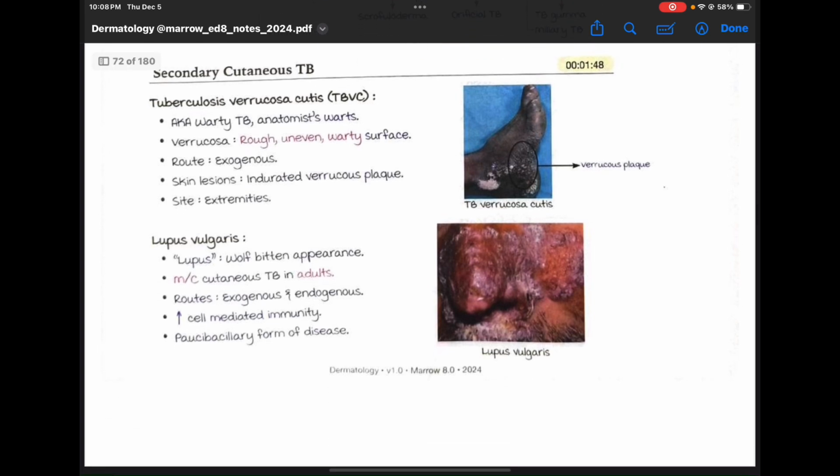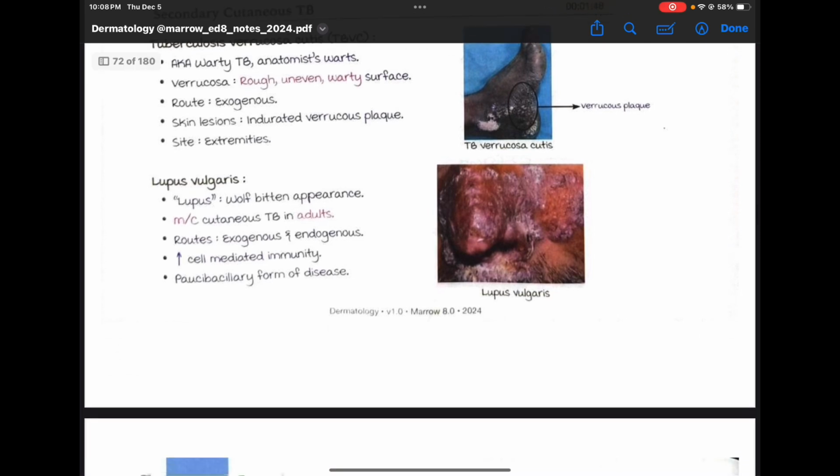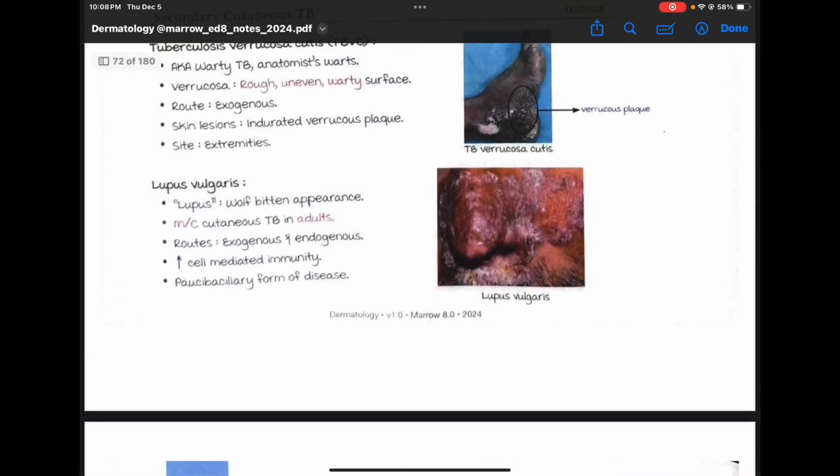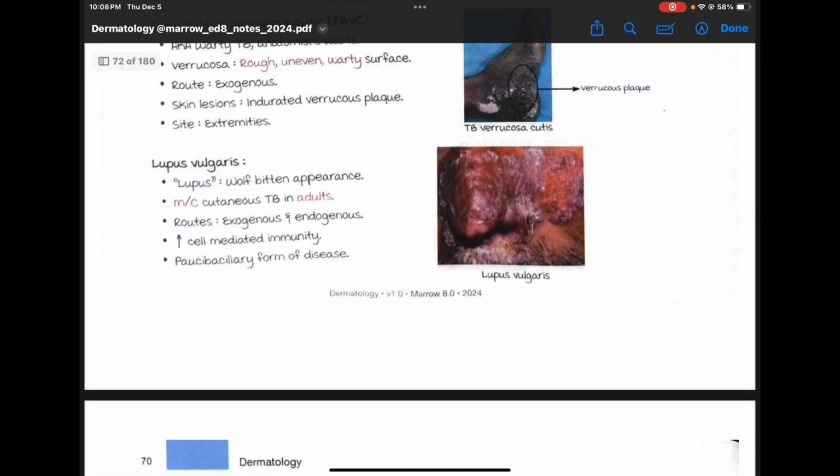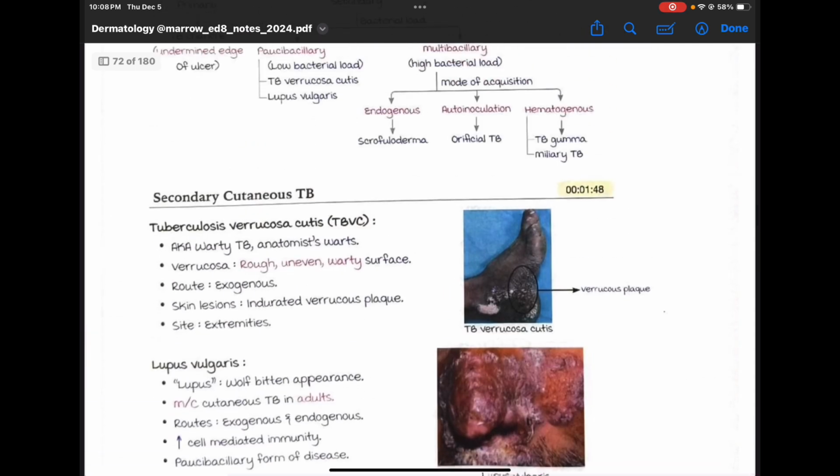Site, extremities. Lupus vulgaris. Lupus means wolf-like appearance. Most common cutaneous TB in adults is lupus vulgaris. Routes exogenous and endogenous. Increased cell-mediated immunity. Paucibacillary form of the disease.